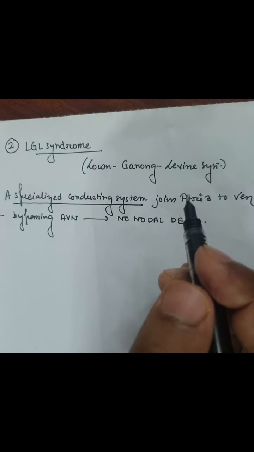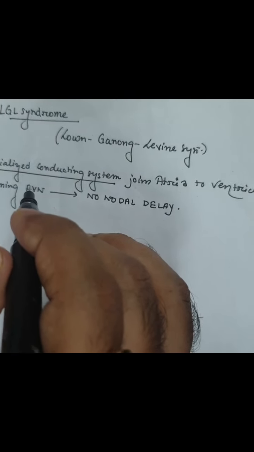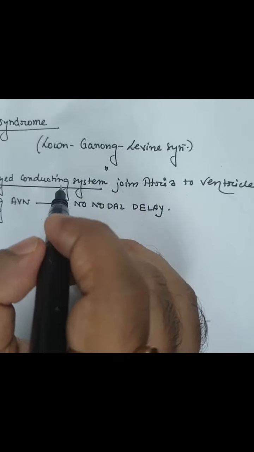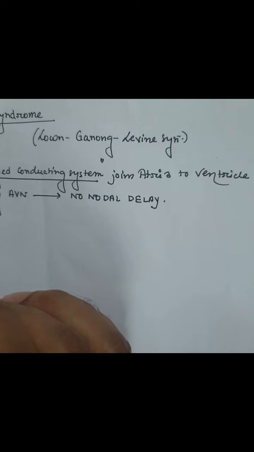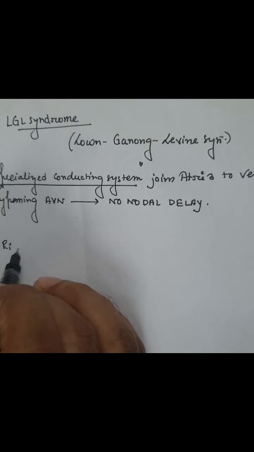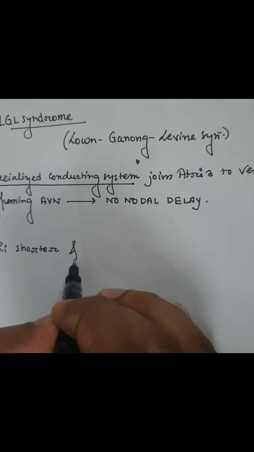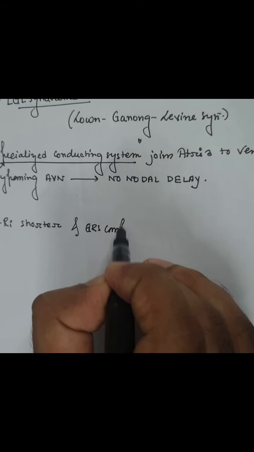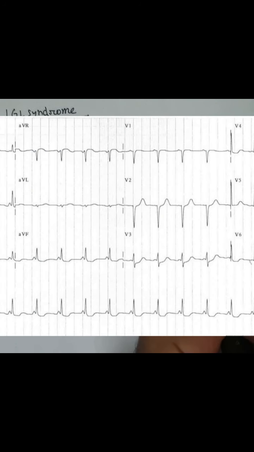Remember, the main differentiating feature between the WPW syndrome and the LGL syndrome is that in WPW syndrome it is an accessory bundle, but in LGL syndrome it is a specialized conducting system. As it bypasses the AV node and there is no nodal delay, the PR interval is shorter, and again QRS complexes appear earlier, same as in WPW syndrome.